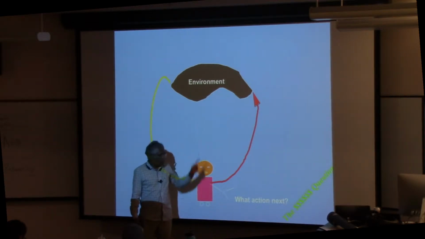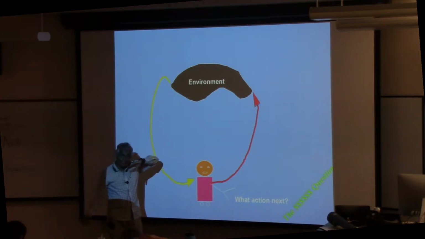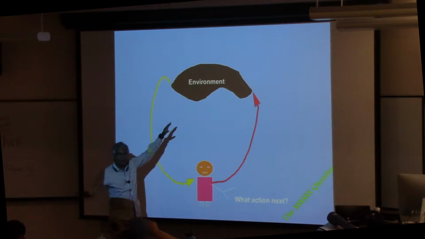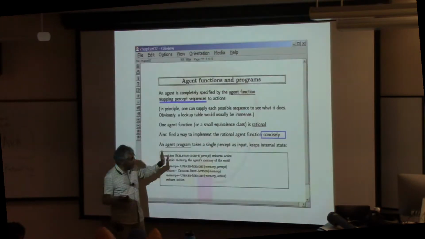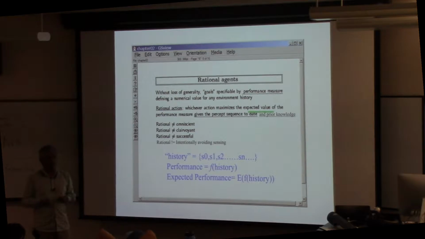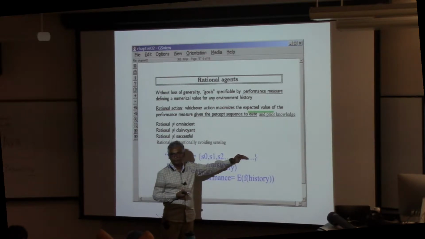In the case where the world is completely observable, these P0, P1, P2, etc. are just S0, S1, S2, etc. When it's not observable, they're different. They're partial information about the states. But when it's being evaluated, an external agent is looking at the performance, and it's looking at the actual states it has gone through. Do you see what I'm saying?